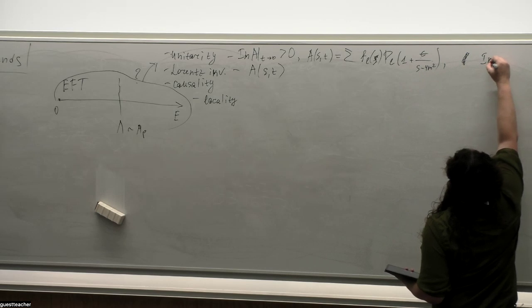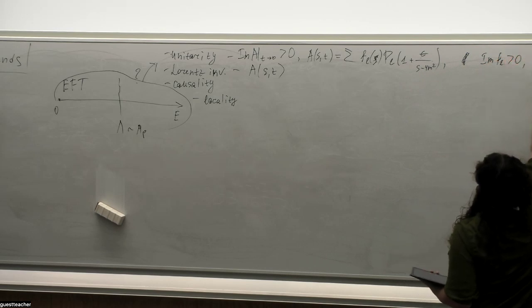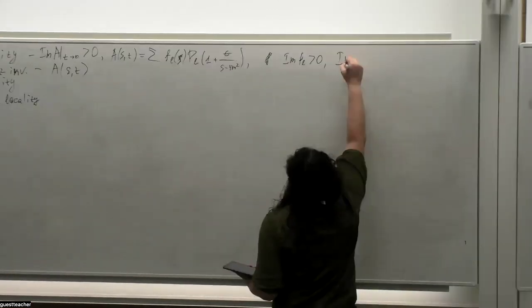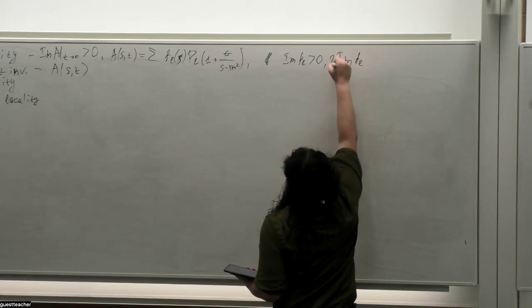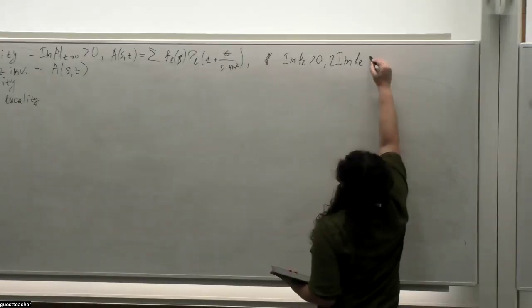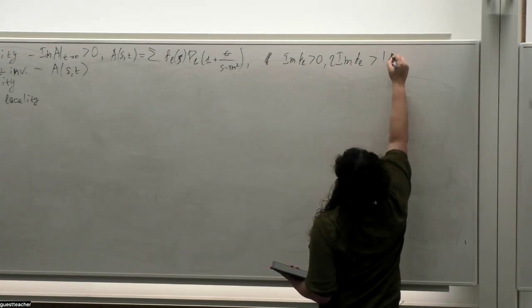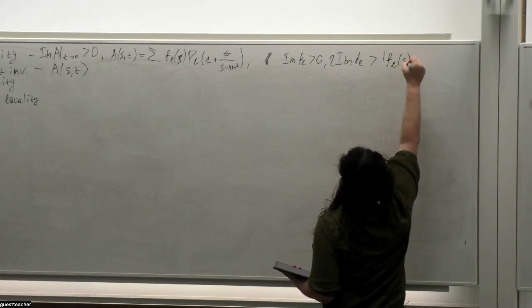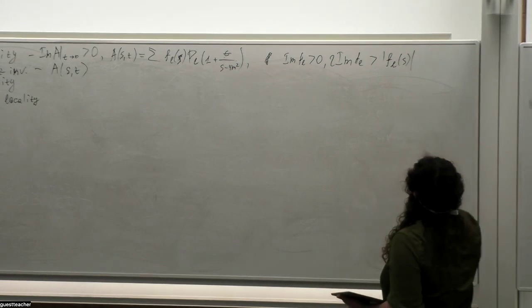So the imaginary part of f_l should be positive, and twice the imaginary part of f_l should be larger than the modulus of f_l squared, multiplied by some factor.